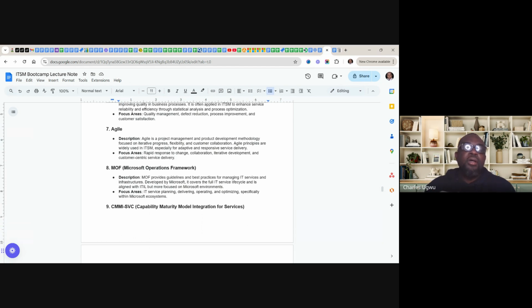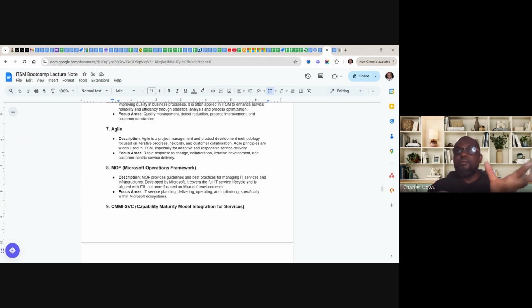Then we have MOF, the Microsoft Operations Framework. MOF provides guidelines and best practices on managing IT services and infrastructure. Developed by Microsoft, it covers the full IT service lifecycle and is aligned with ITIL, but more focused on the Microsoft environment.